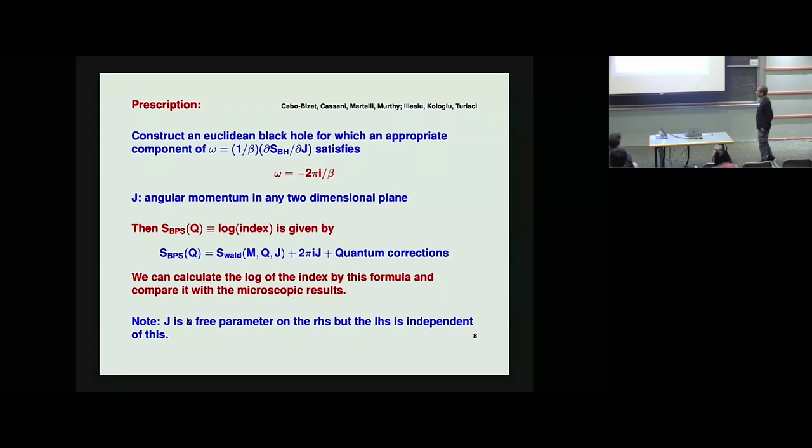Then the claim is that S_BPS, which I'll define as the log of the index computed from the black hole side, is given by this formula. It's a sum of the Wald entropy, where I am not assuming a two-derivative theory, so include all classical corrections, alpha prime corrections, plus 2 pi i j plus quantum corrections.